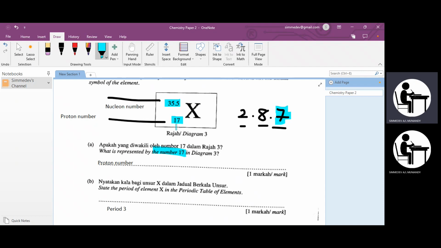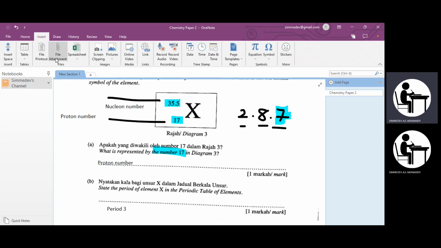Usually the periodic table will be provided at the back of your examination paper, unless it is an informal exam, not an exam organized by the government, maybe not SPM, but one of your standardized tests. Then your teacher may not provide you with a periodic table, and it's crucial for you to have the knowledge to identify this. So this is a chlorine atom.